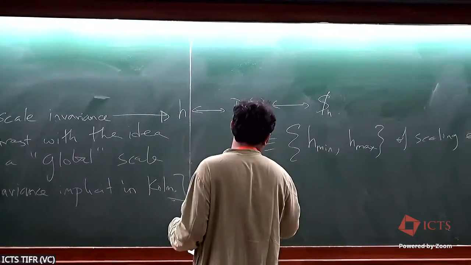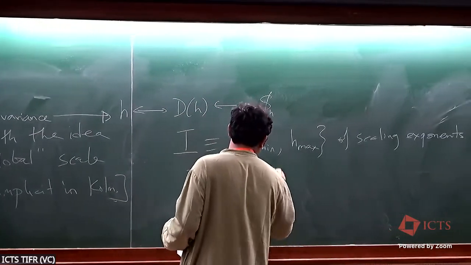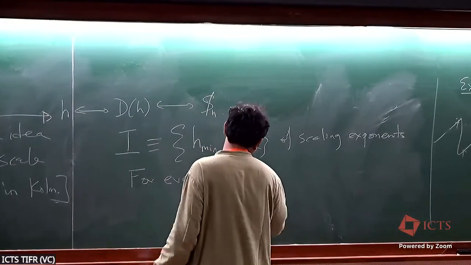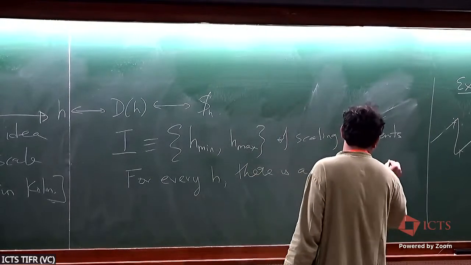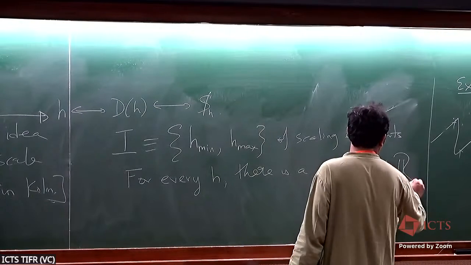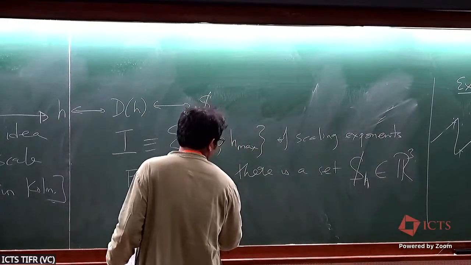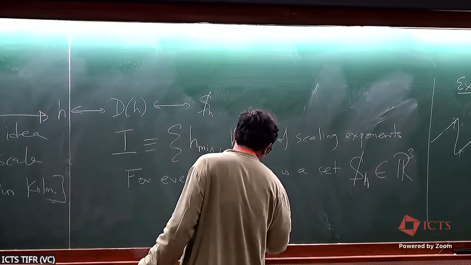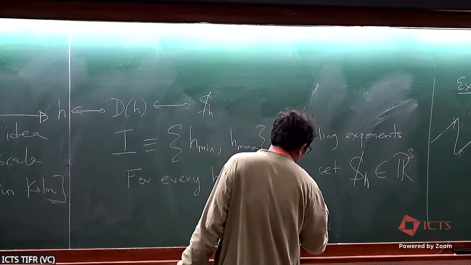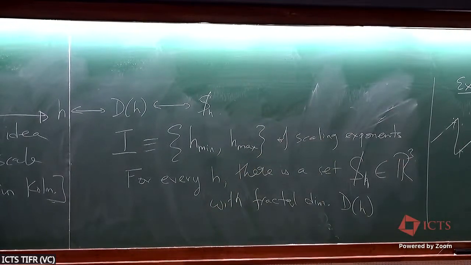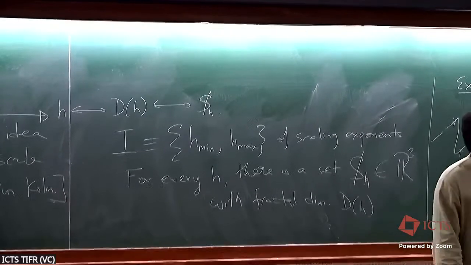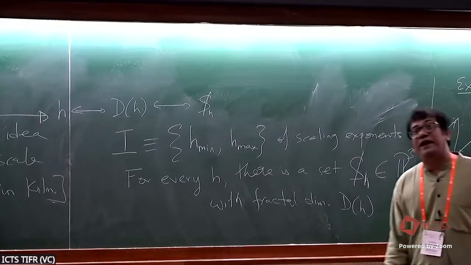And then for every H that you find here, which belongs to the real domain, so if I take the multifractal and reduce it to the beta model, it would mean that H min is equal to H max is equal to H. D of H is just one number.